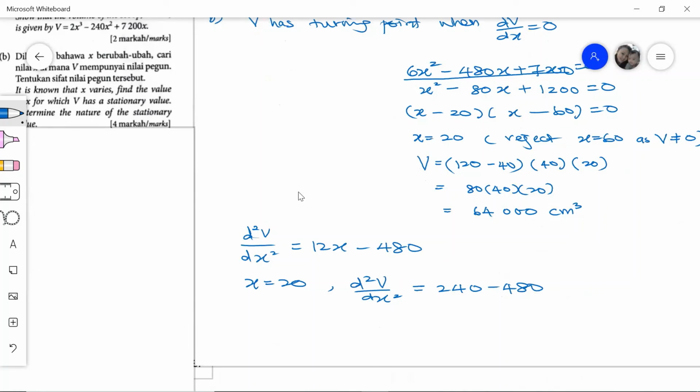From here, we know that it's less than 0. When it is less than 0, it is a maximum. Therefore, we can conclude that V is maximum, that is 64,000 cm cubed, when x equals 20. That's it.